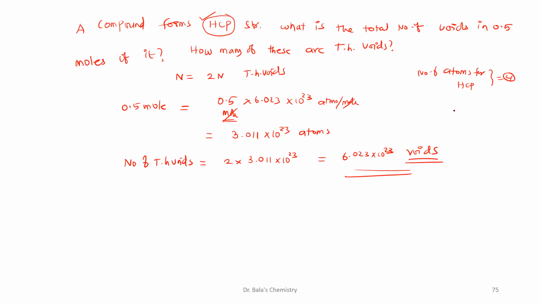And one more problem we'll have. Yeah, this is a very important problem. In every module, I will do one problem. An element with molar mass, they given molar mass here, 2.7 into 10 power minus 2 kg per mole, forms a cubic unit cell.